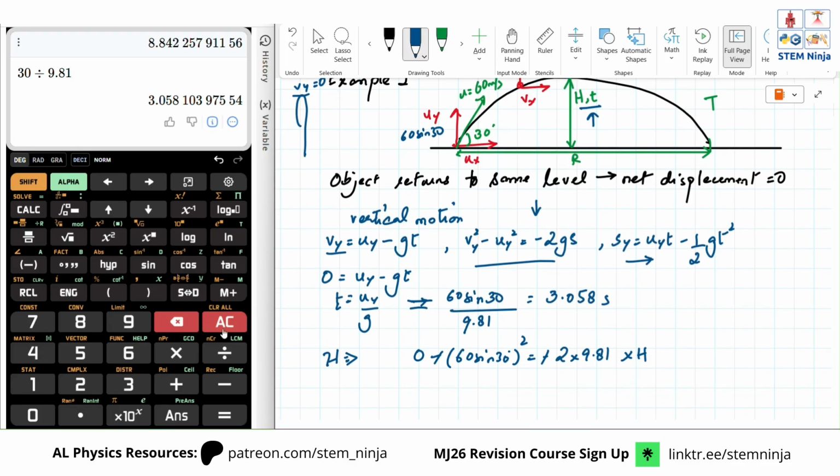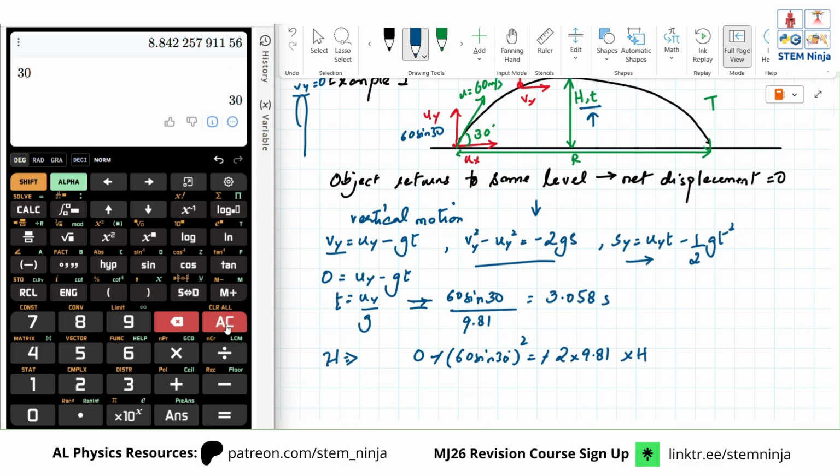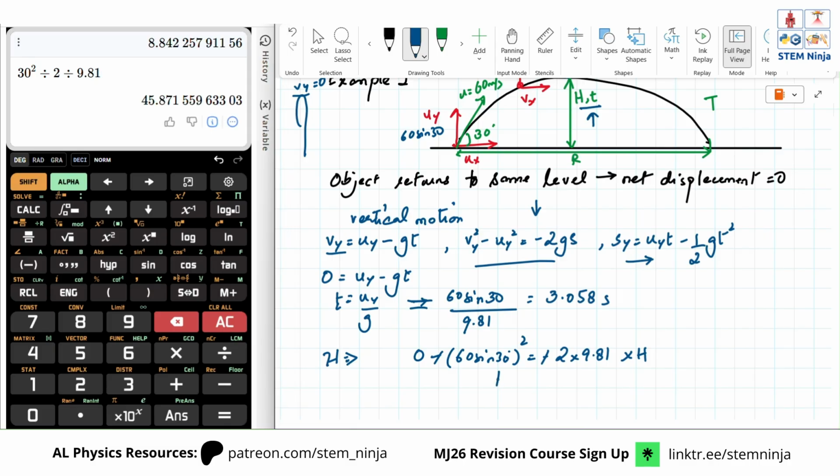So 60 sine 30 is again 30. So 30 squared divided by 2 divided by 9.81, we get 45.871. You could use this equation using the time that we found over here, and we would get the same thing.